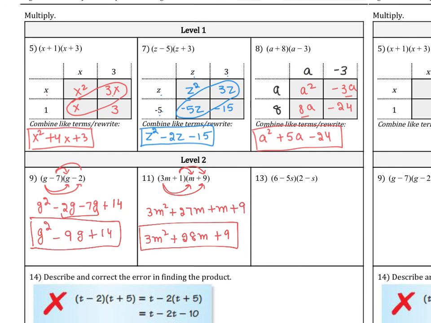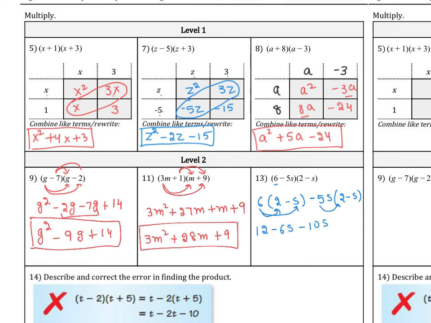For number 13, I'm using the distribution method this time. So I'm going to write 6 and multiply with the 2 minus s, and then I'm going to write 5s and 2 minus s. Distribute the 6, you get 6 times 2, 12. 6 times negative s is going to be negative 6s.